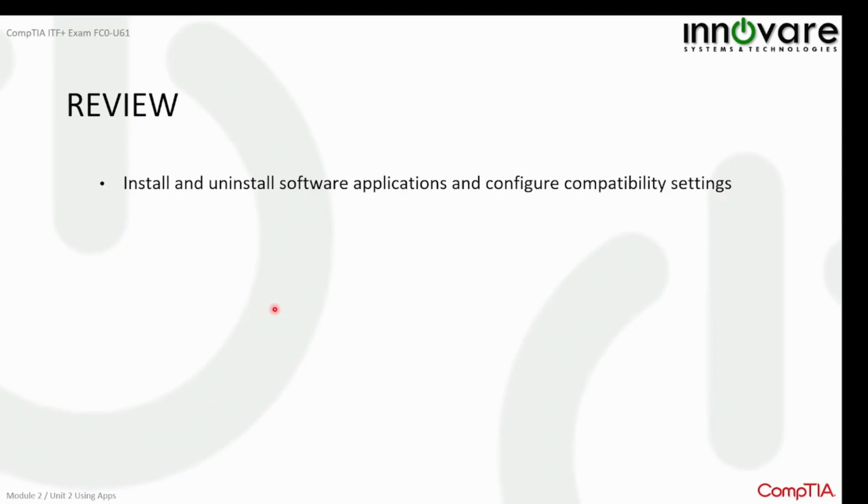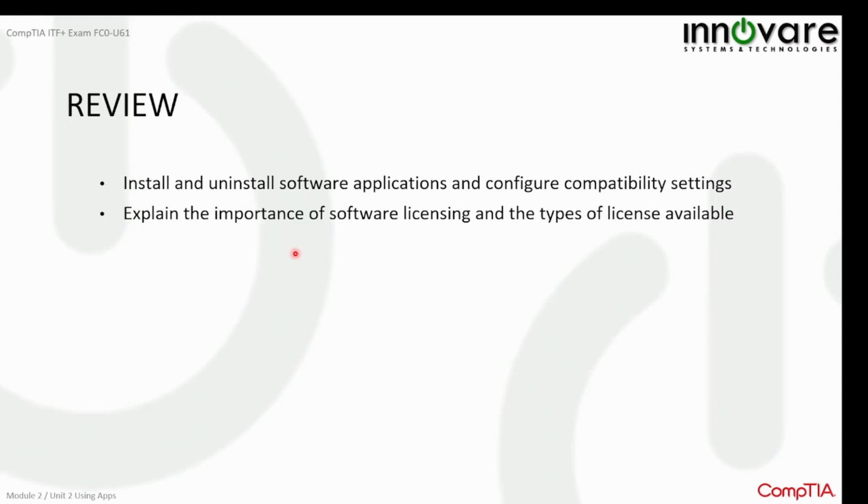So in this unit, we discussed how to install and uninstall software applications, and even discussed how to configure compatibility settings. We also covered the importance of software licensing, didn't we? And what the different types of license available are, from individual user up to company or business level.